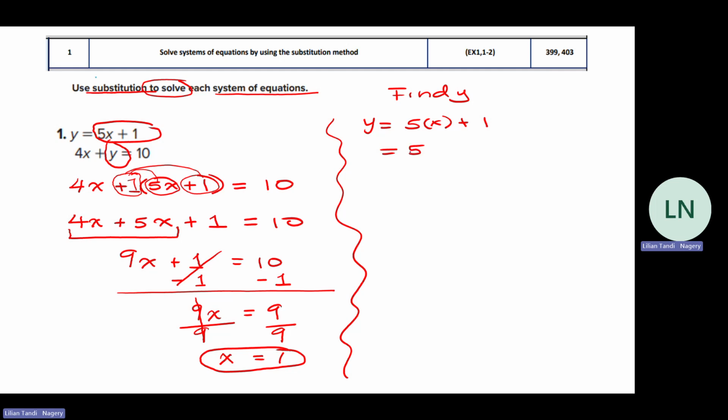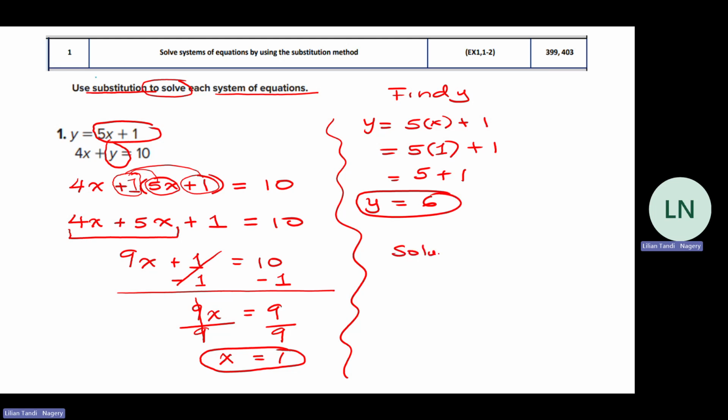So then I will do 5. I know my x is 1, plus 1. Whenever you're replacing a variable, you must use parentheses. 5 times 1 is 5 plus 1, and then I will get y is 6. Then I will write my answer.